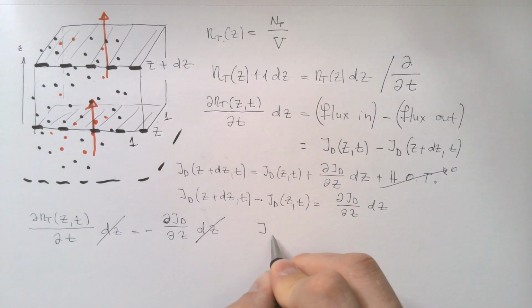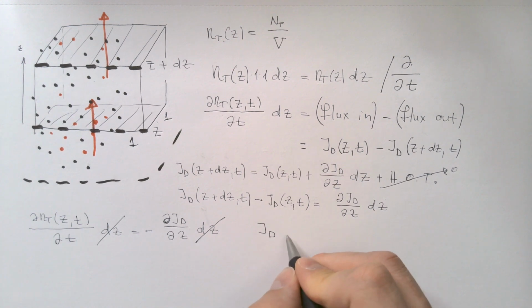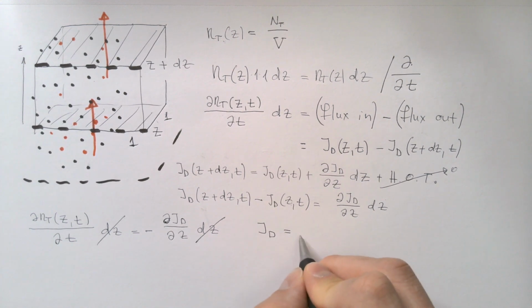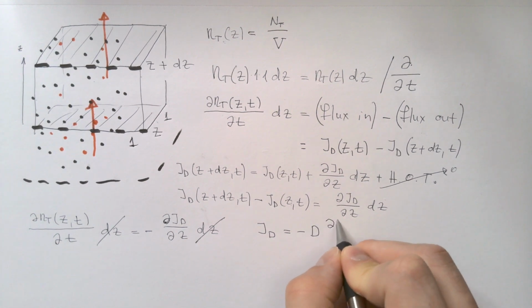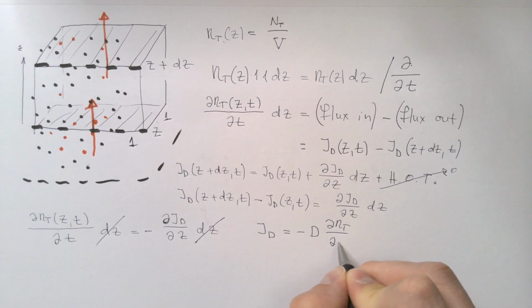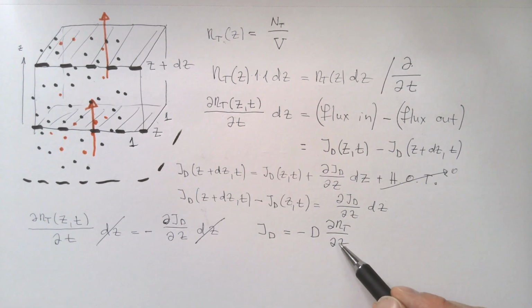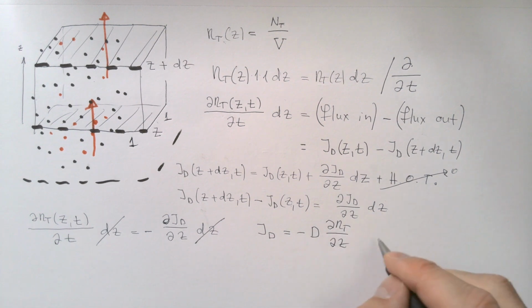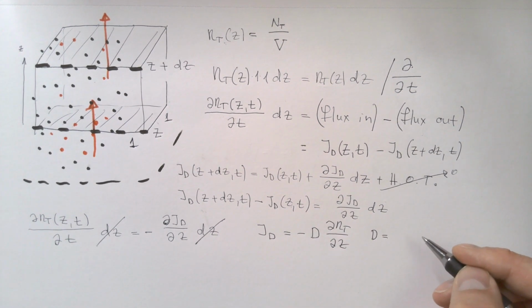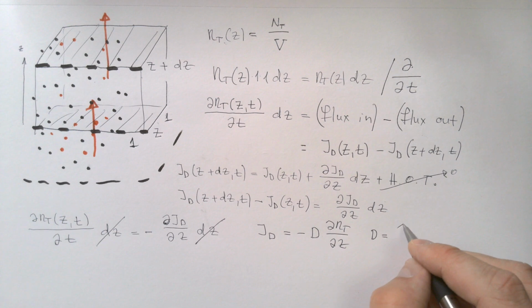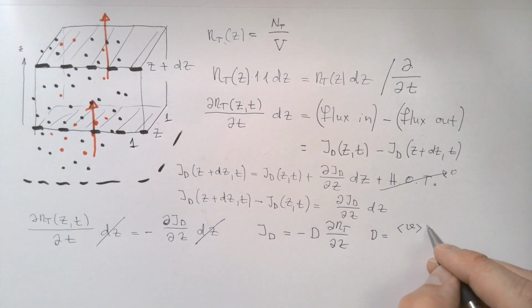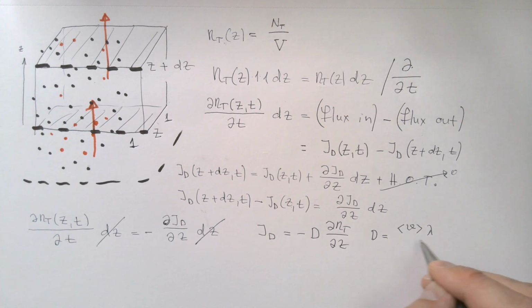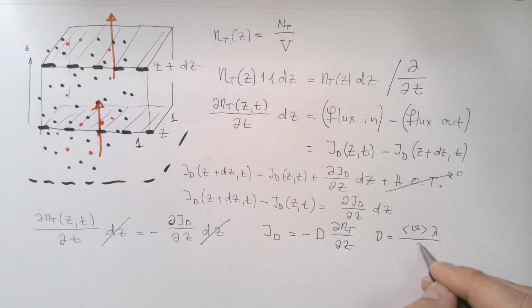From my previous video we explicitly derived that jd is equal negative d times ∂nt/∂z. This is Fick's first law of diffusion, and this d is a constant known as constant of self-diffusion. You remember it is equal mean speed of atoms in a gas times mean free path divided by 3.